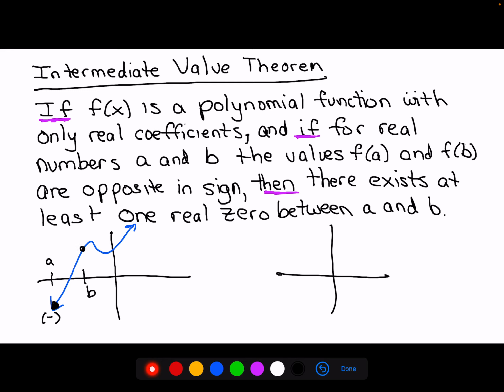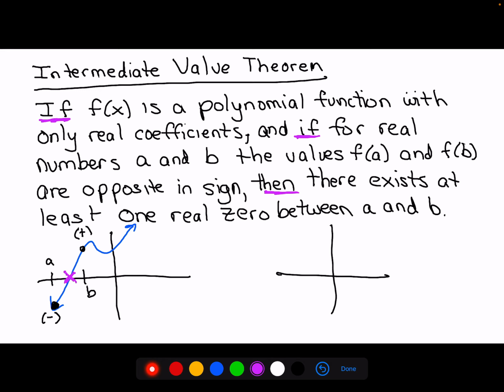If you plug in b, you're going to get a nice positive number for your result. So this is telling us that if you have these two real numbers, a and b, in this particular polynomial function, then when you plug in and you get those y values as your results, they're opposite in sign. So there has to be at least one real zero between those two values, and there is right here.